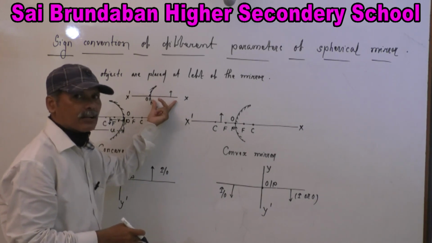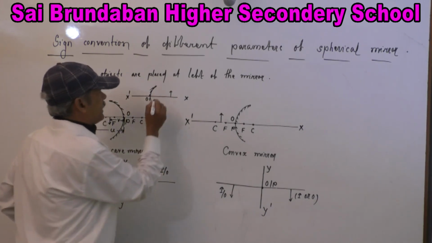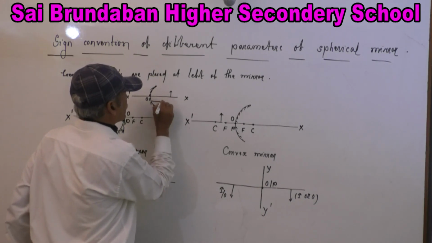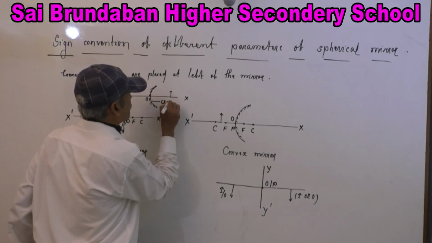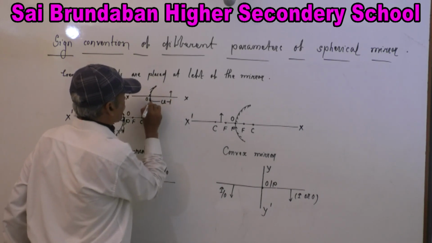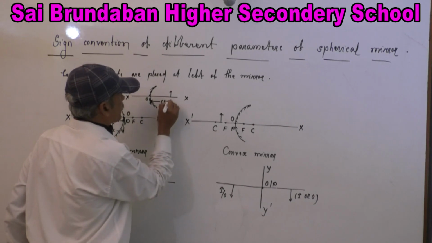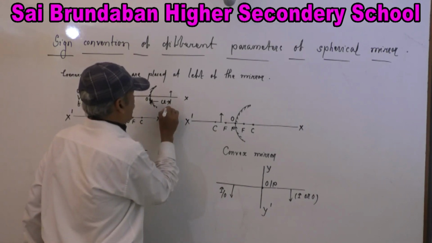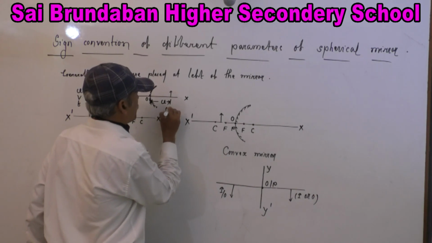That's why, in this case, the object distance u is positive.